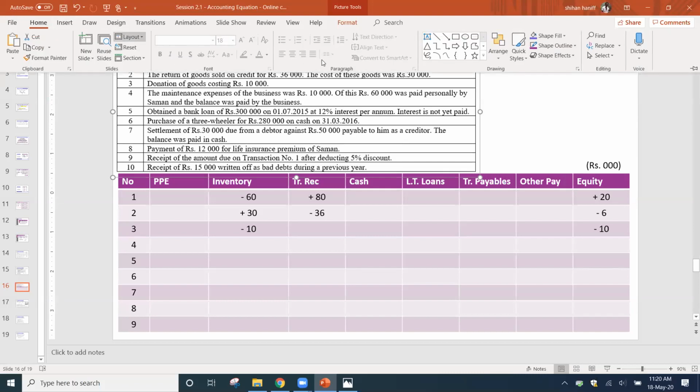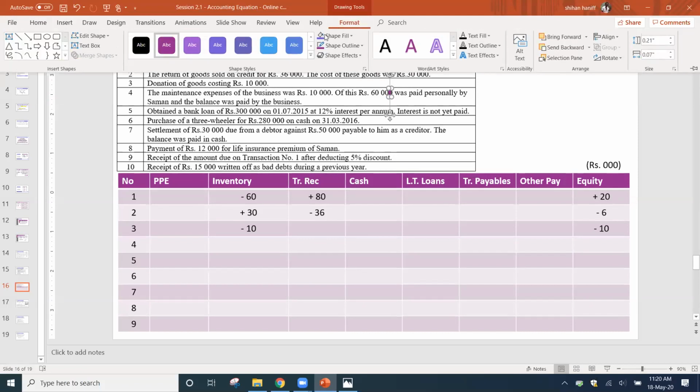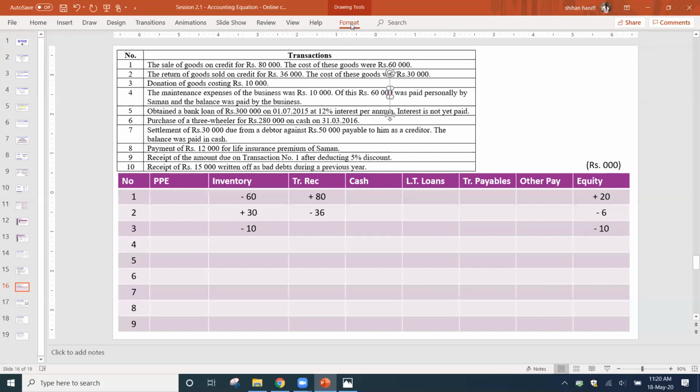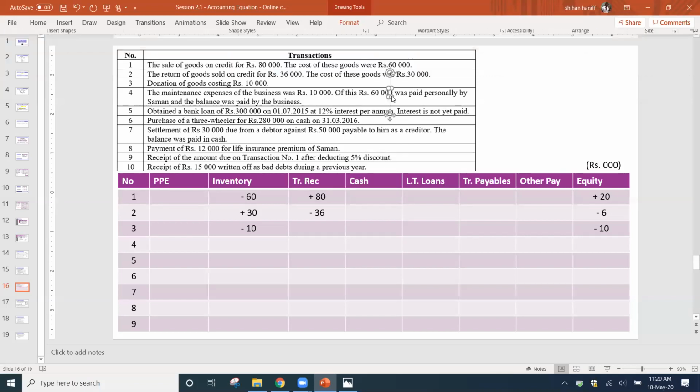It was a typing error. Right. So 6,000 was paid personally by someone.